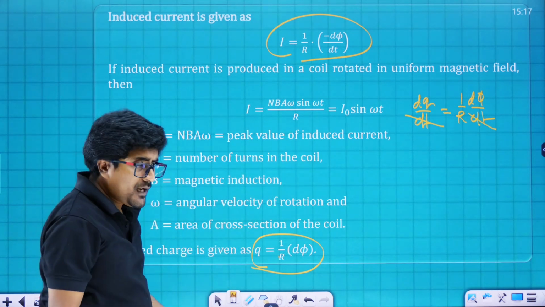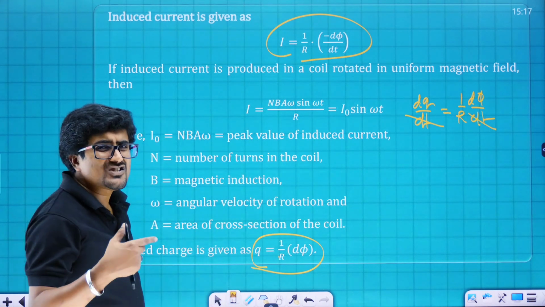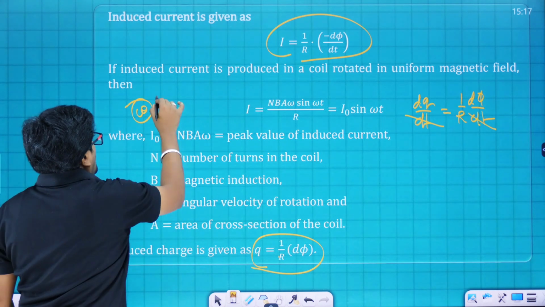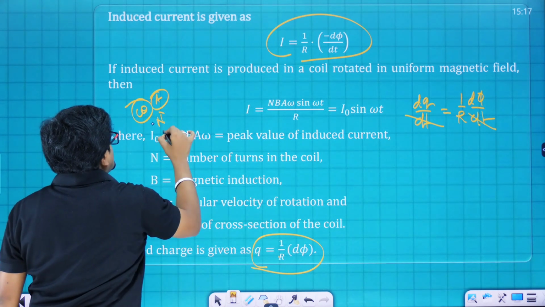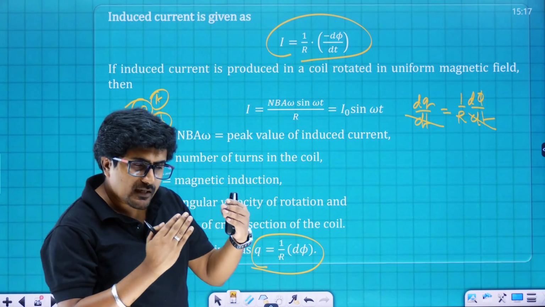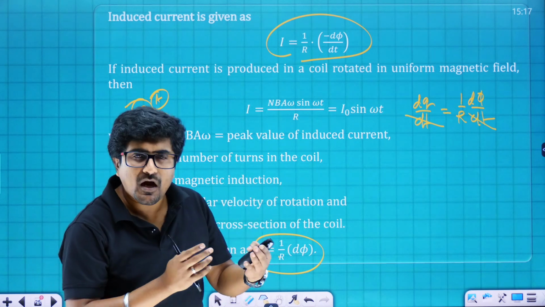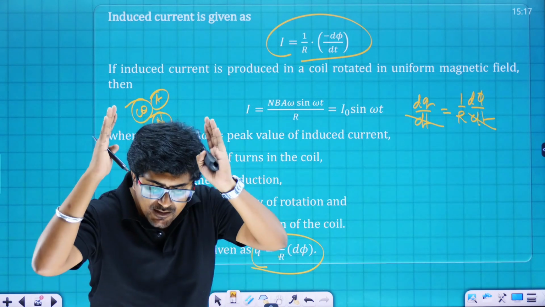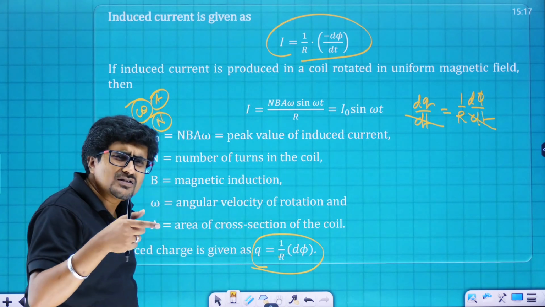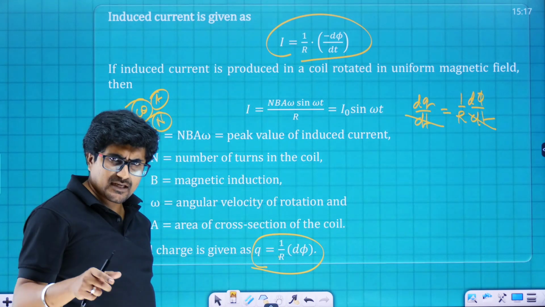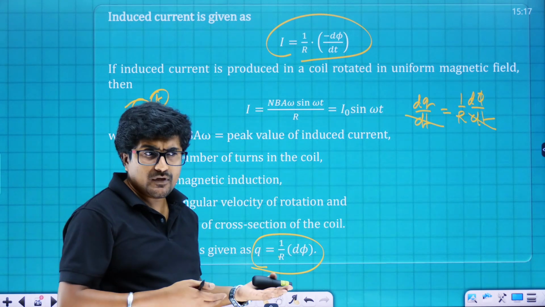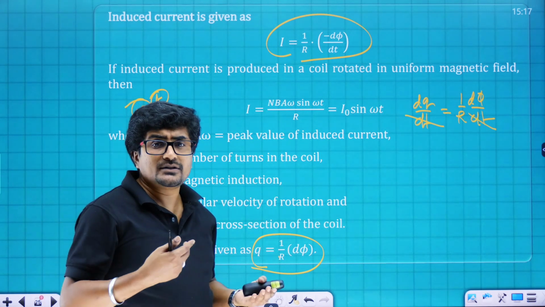Now if you have a coil rotating at a particular angular speed of omega radian per second, with area of cross section A and number of turns N, kept inside a magnetic field and rotating at a constant angular speed omega radian per second, you can immediately connect that with the case of an alternating AC generator.